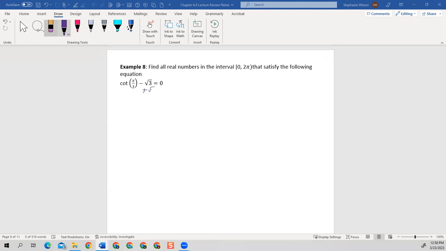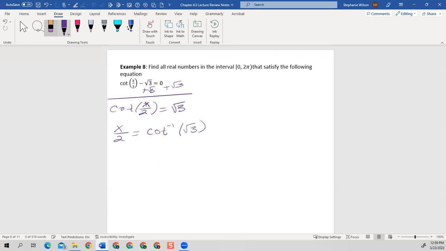So I'm going to add that square root 3 to both sides. So I got cotangent of x half is equal to square root 3. Then I'm going to take its inverse. So I got x halves equal to cotangent inverse of square root 3.